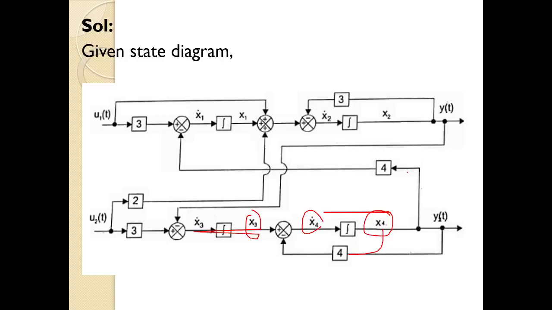Why? Because here, if you observe, u1 and u2 are the input terms. Okay, y1 of t and y2 of t.